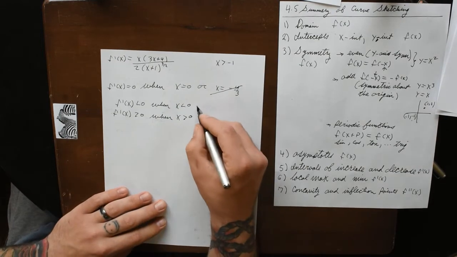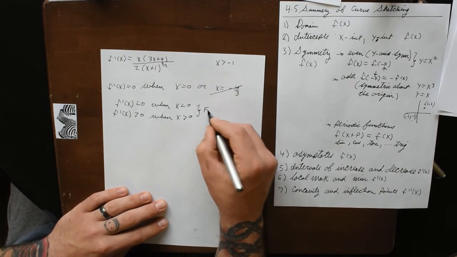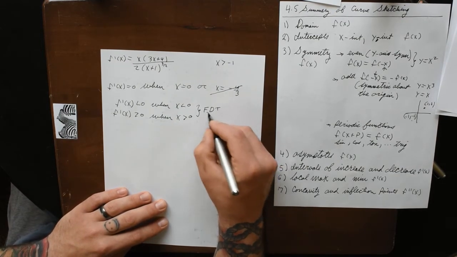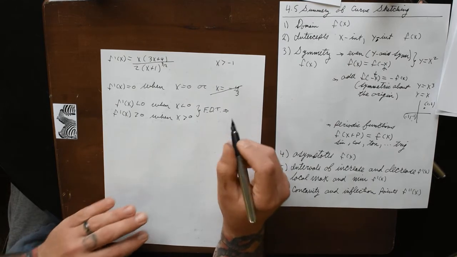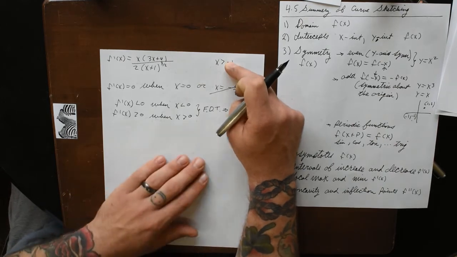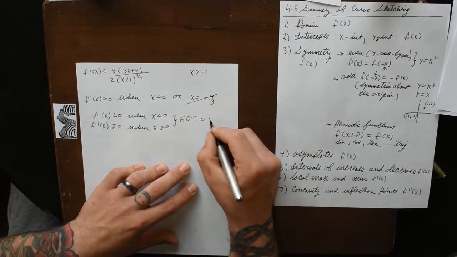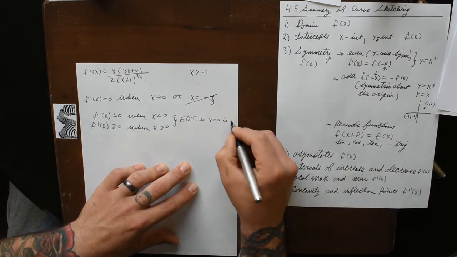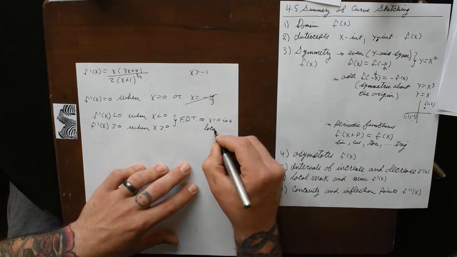By our first derivative test, that implies if it is decreasing and then increasing, that x equals 0 is a local min.